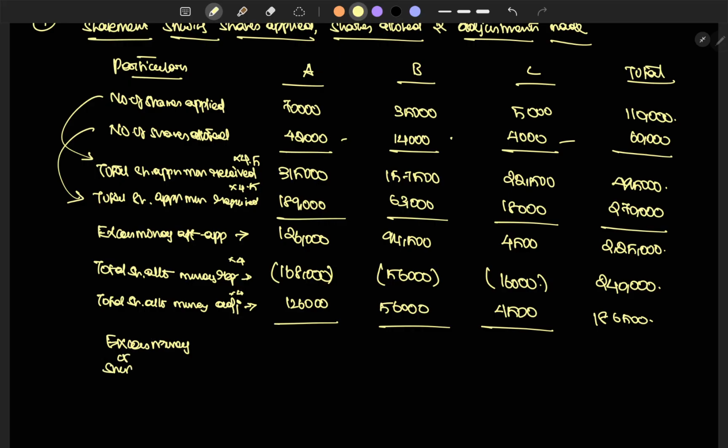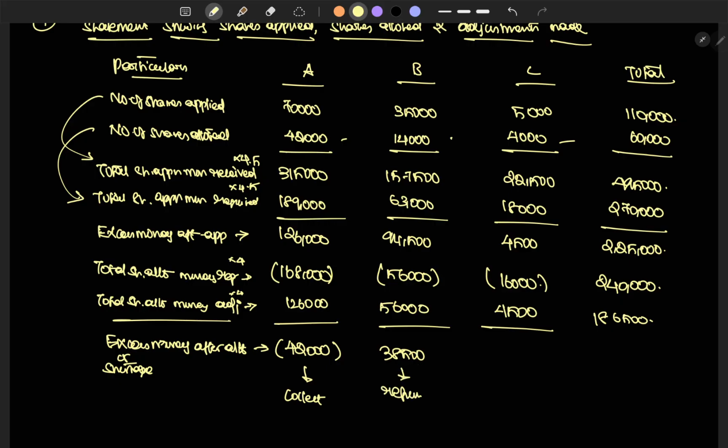Okay, what's the excess or shortage after allotment? Which is 1,68,000 minus 1,26,000, which is 42,000. Sorry, this is not the excess money, this is a negative balance, so we have to collect this amount. Here there is an excess balance, which is 38,500 excess.